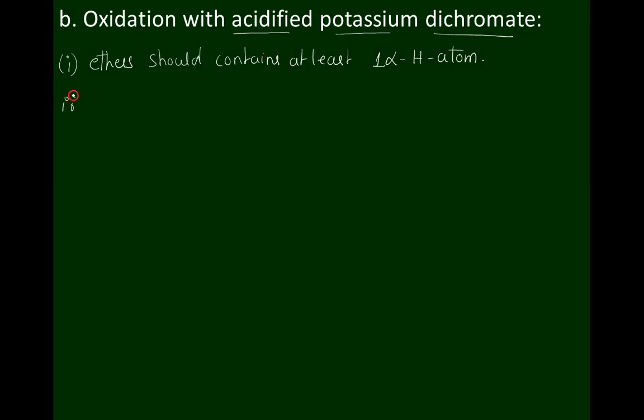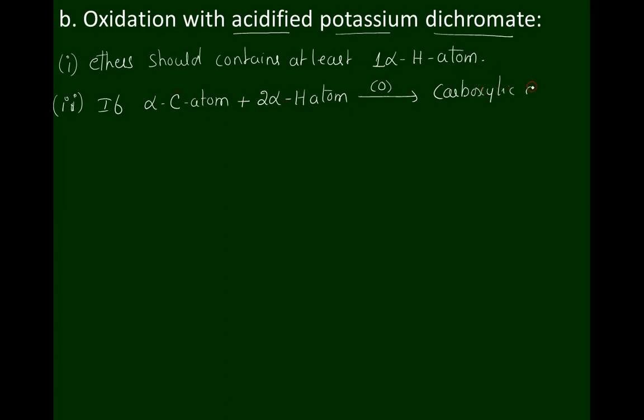If the molecule contains alpha hydrogen atoms, depending upon the number of alpha hydrogen atoms, we get different oxidized products. If the alpha carbon atom in the ether contains two alpha hydrogen atoms, then it undergoes oxidation to form only carboxylic acid.